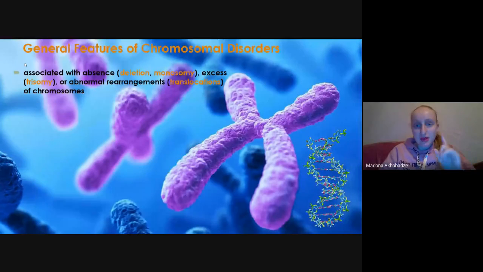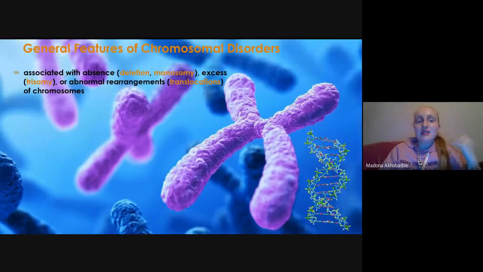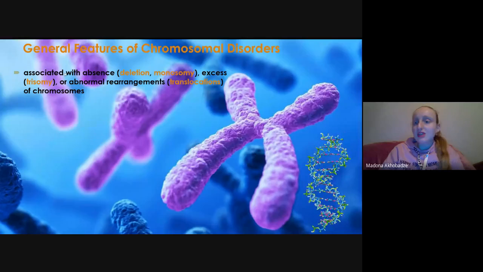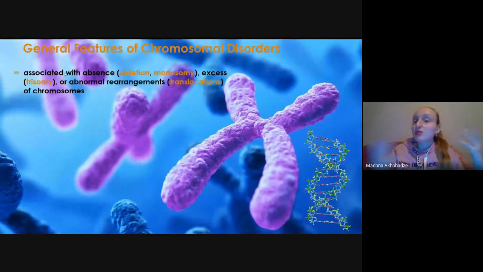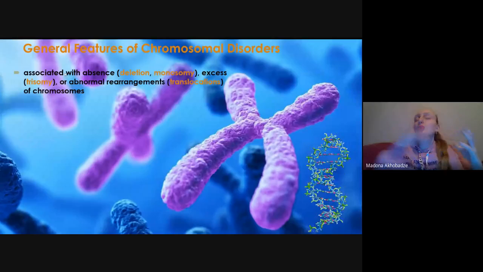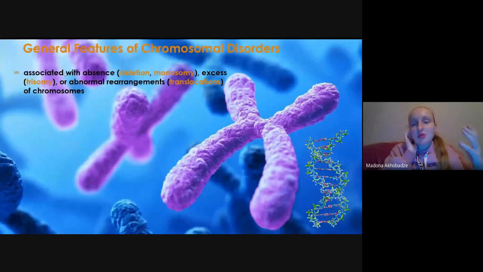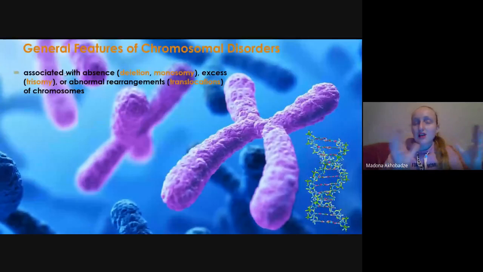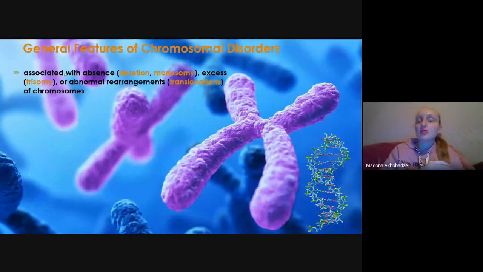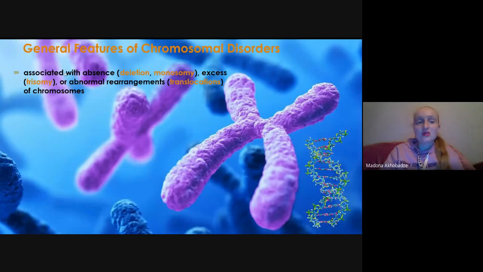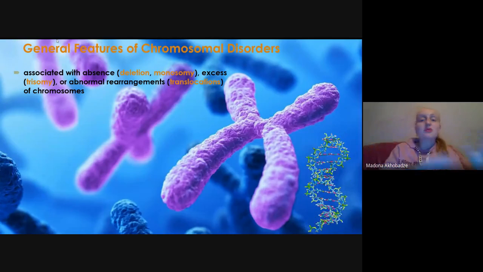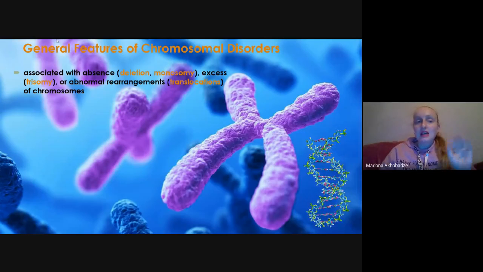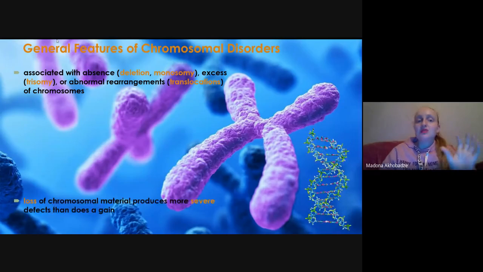Or they involve excess genetic material, like in duplications, or in trisomies, duplication of the entire chromosome, like trisomy 21 in Down syndrome. We have abnormal rearrangements like translocations, reciprocal or Robertsonian, and these are all chromosome disorders.